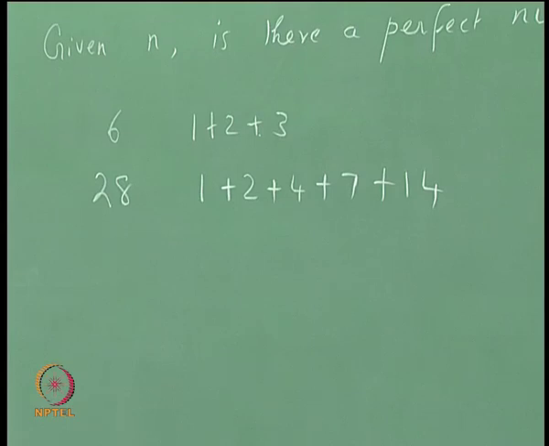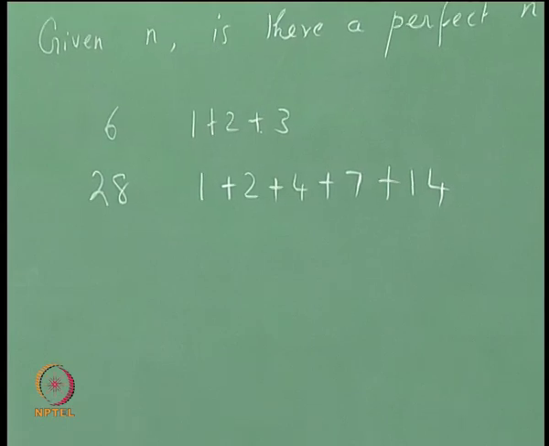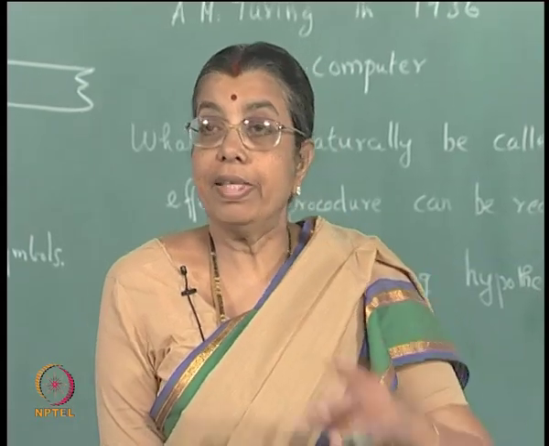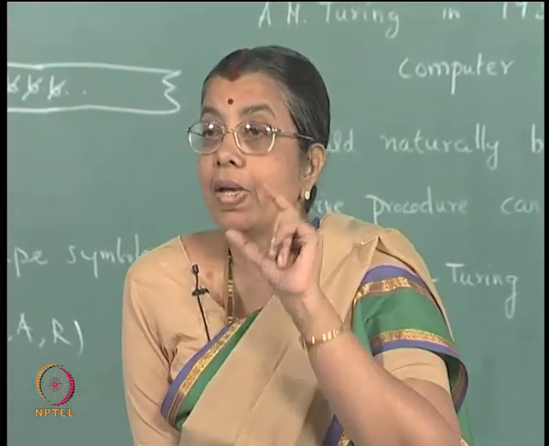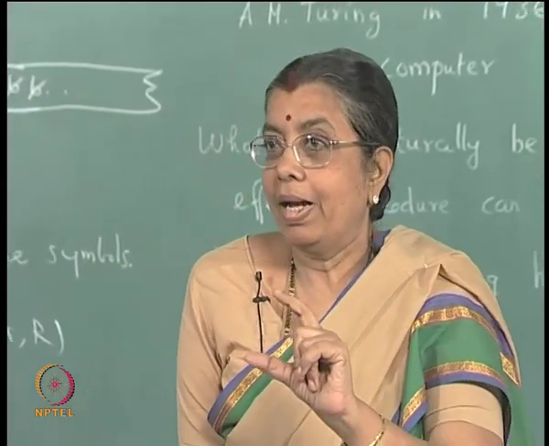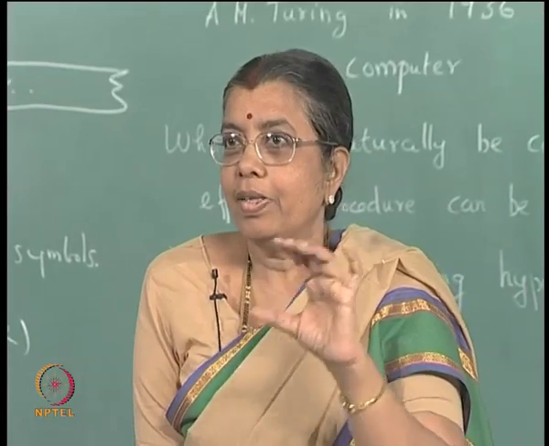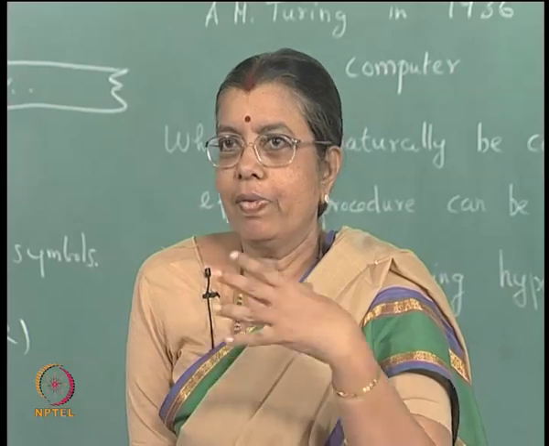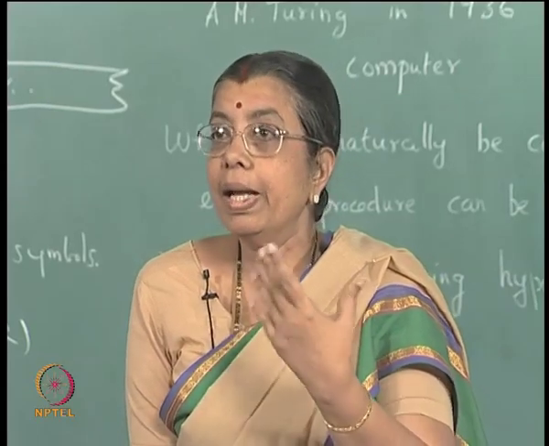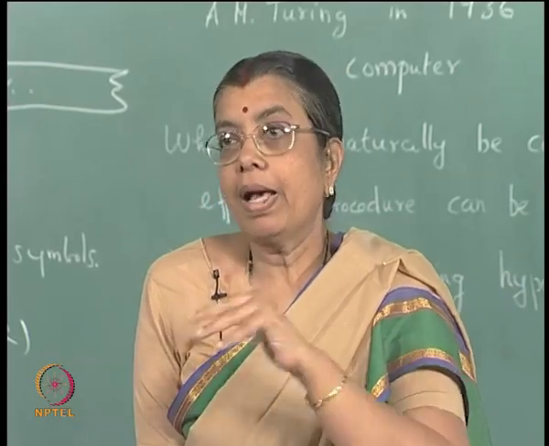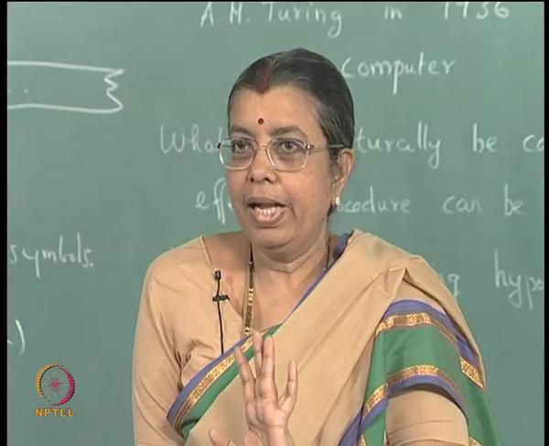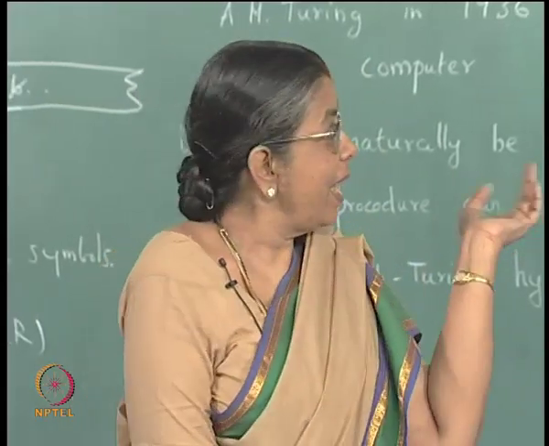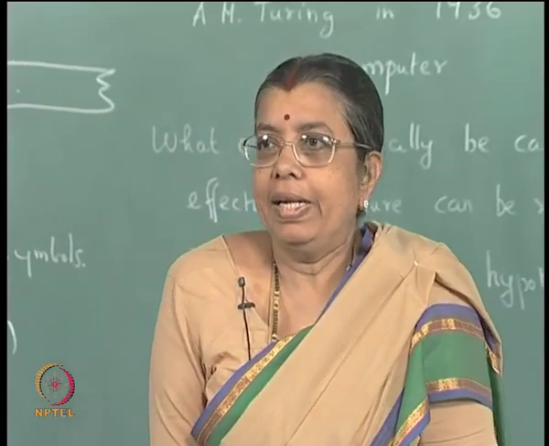We can always test, given a number n, whether it is a perfect number or not. You can find all the divisors, then add them up, and see whether the sum is equal to the number. So, given a number, you can test whether it is a perfect number or not. But given a number n, is there a perfect number greater than n? That is the question.